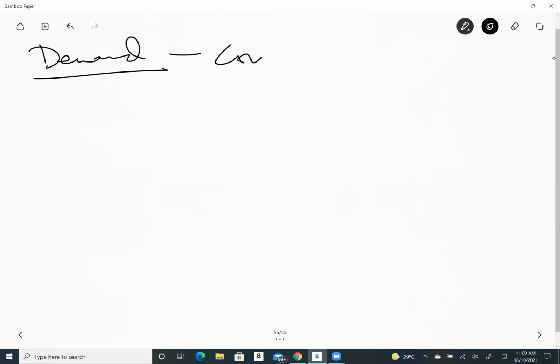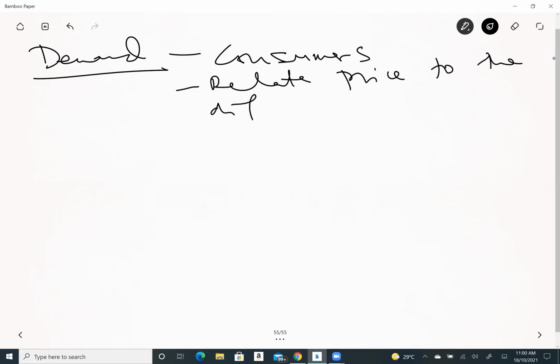Demand function. This is on the consumers, and it relates the price of the good to the different quantities.